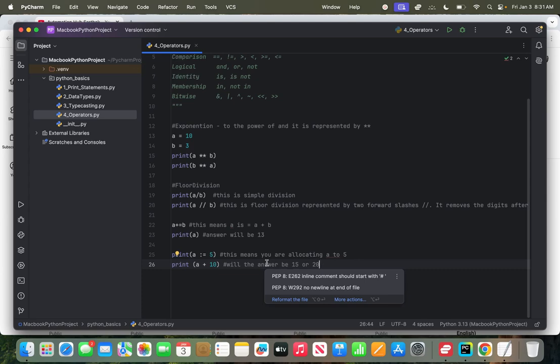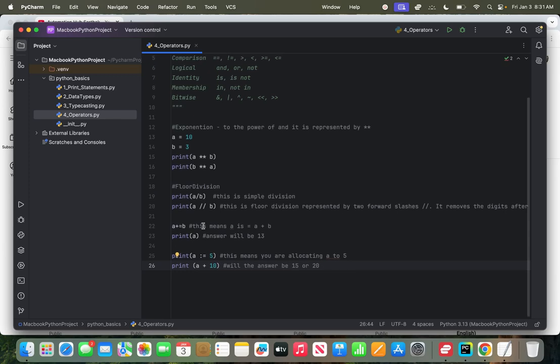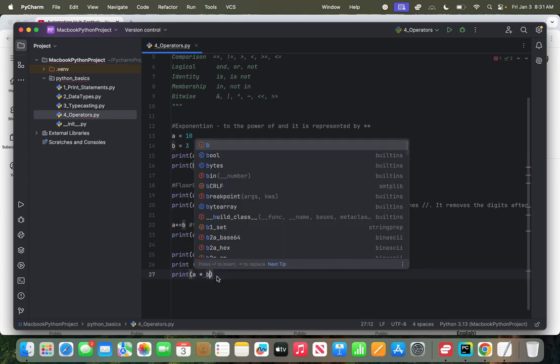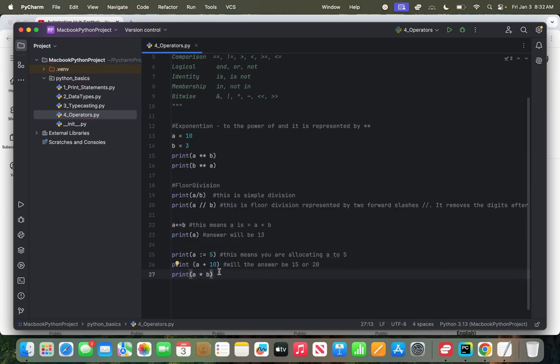Okay, so this is all about your arithmetic operators, assignment operators. I've just explained one of them, you can try the others. So this one is new, which is not there in any other programming language. So once you declare a variable A as value 10, and then you do this, that means it has superseded. Okay, so if you write print A into B, now it will be 5 into 3, 15.